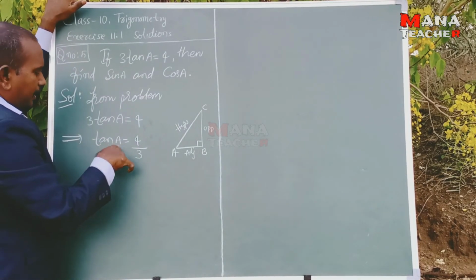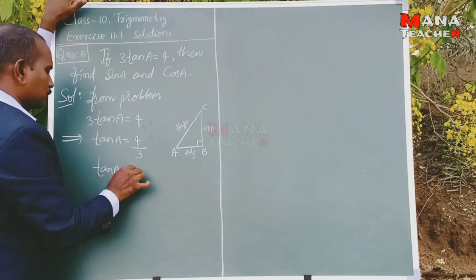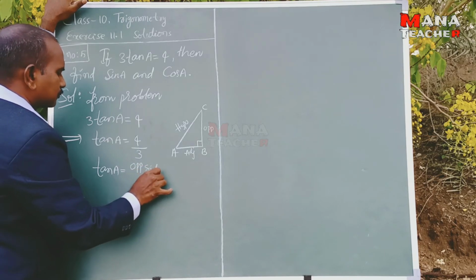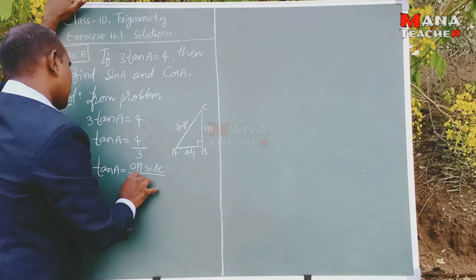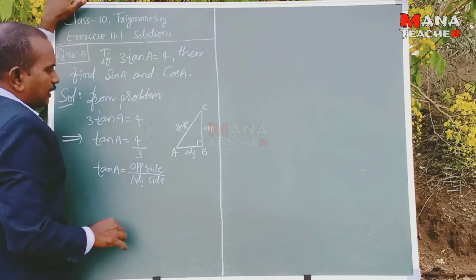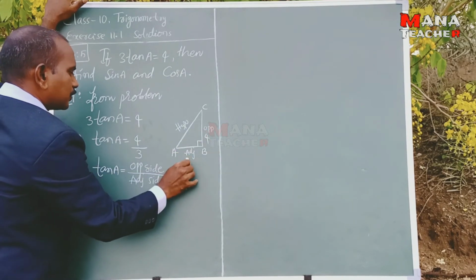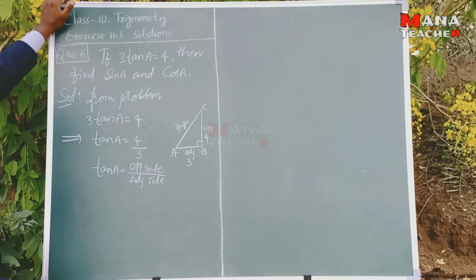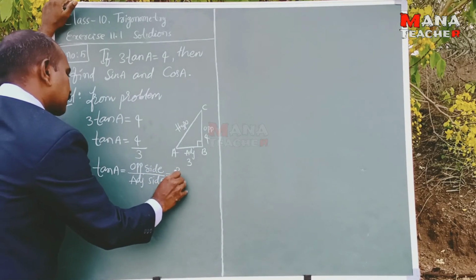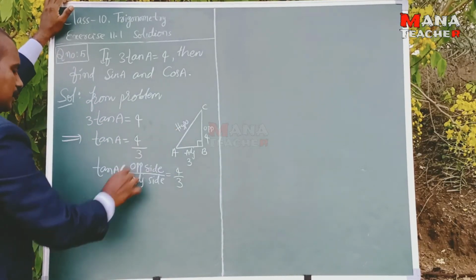Now tan A equals opposite side by adjacent side, that is given in the problem. See, this is 4, this is 3, given. That is nothing but 4 by 3. AC is not given.